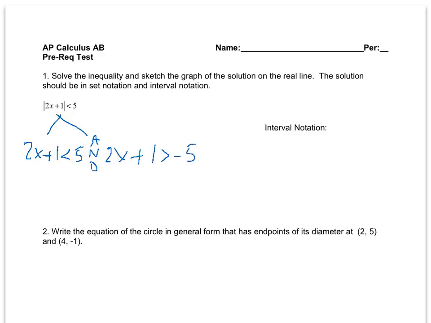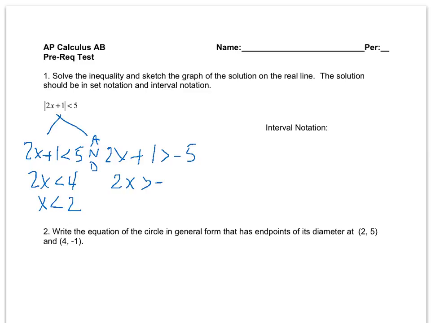And you solve those two independently and you get 2x is less than 4, which gives you x is less than 2. And solving the right one, 2x plus 1 is greater than negative 5, you get 2x is greater than negative 6, which gives you x is greater than negative 3.